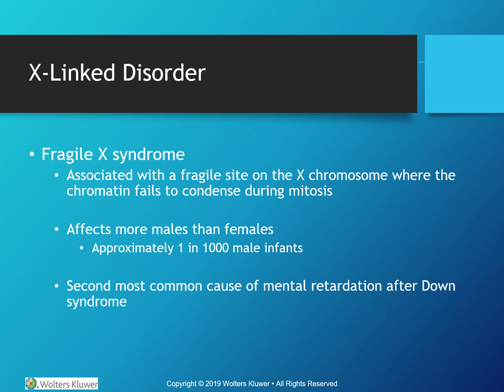They can have hyperextensible joints and a high arched palate. They may even present with mitral valve prolapse, which can mimic some connective tissue disorders. They may or may not have physical abnormalities; they don't always have to be present. Those are some of the clinical manifestations in boys.